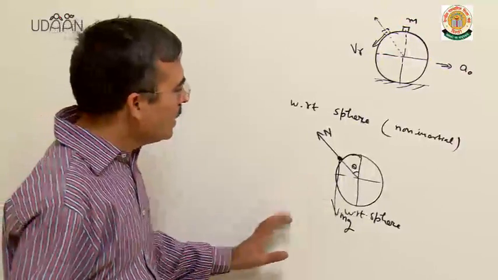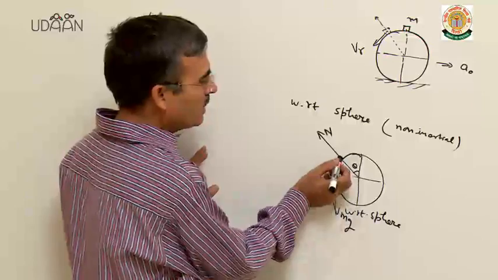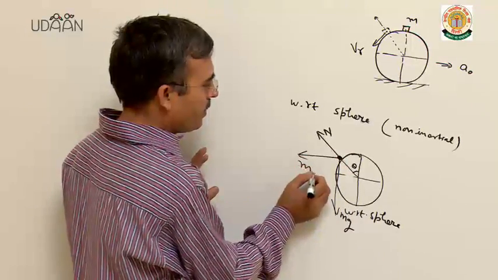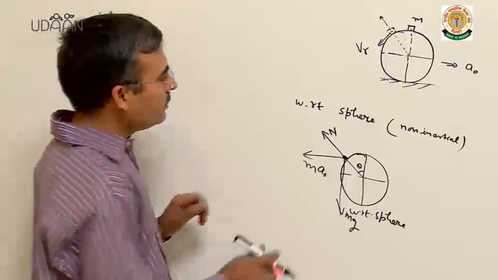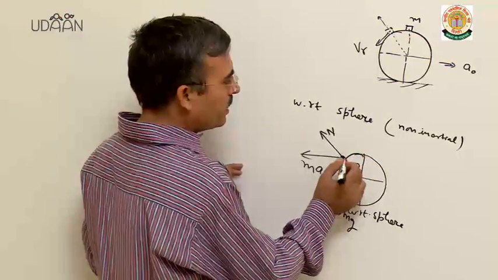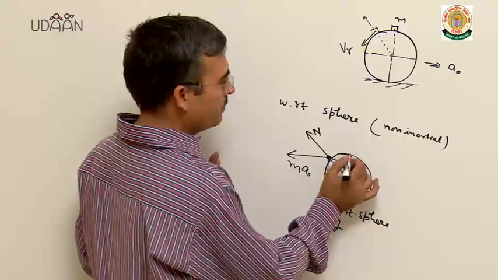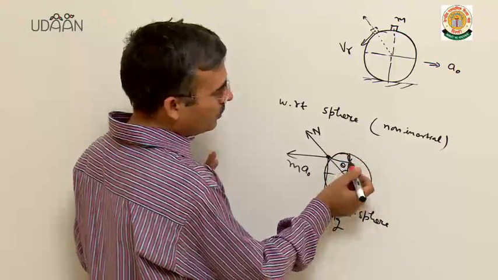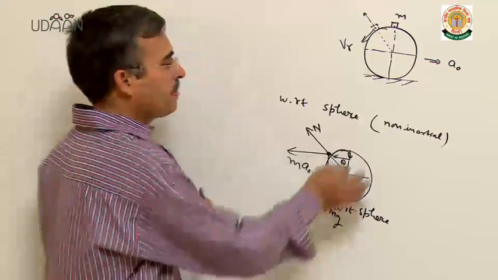And which other force will act? It is a non-inertial frame, pseudo force will act this side, m into a naught. Displacement of the body with respect to the sphere is vertically this one plus this one.